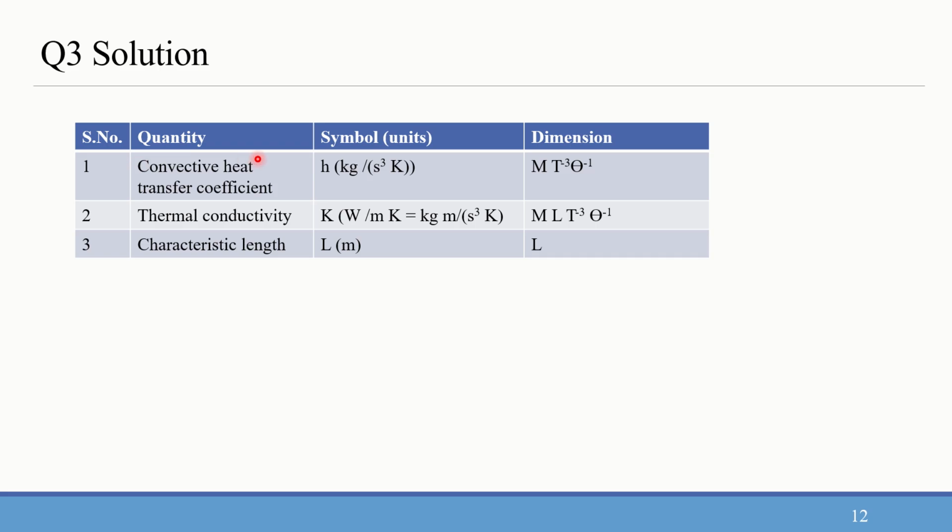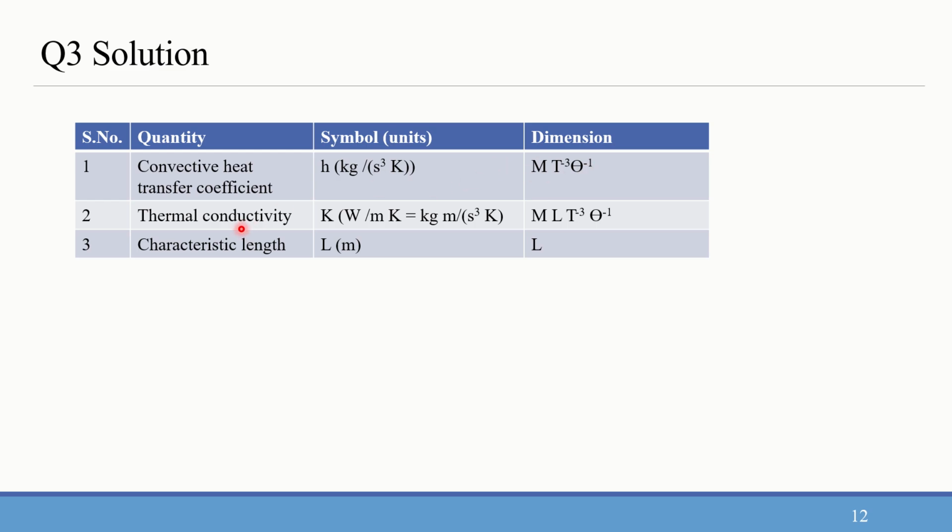First is the convective heat transfer coefficient H, and we have found the unit as kg divided by second cube into Kelvin. So kg is M, L is not there, T is -3 and temperature we denote using theta, which is -1.